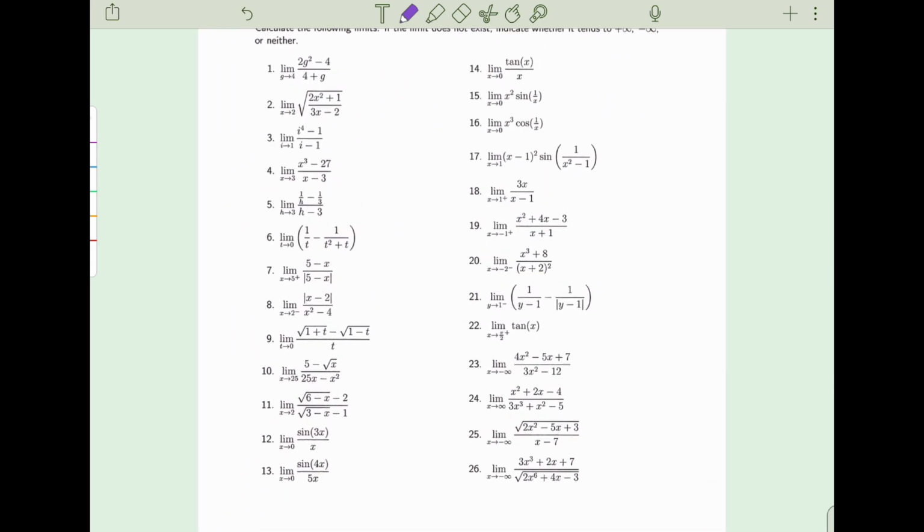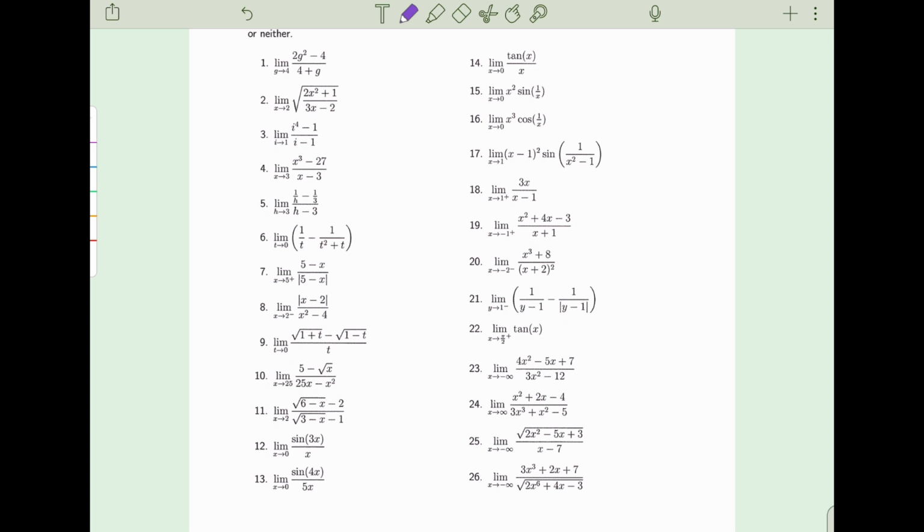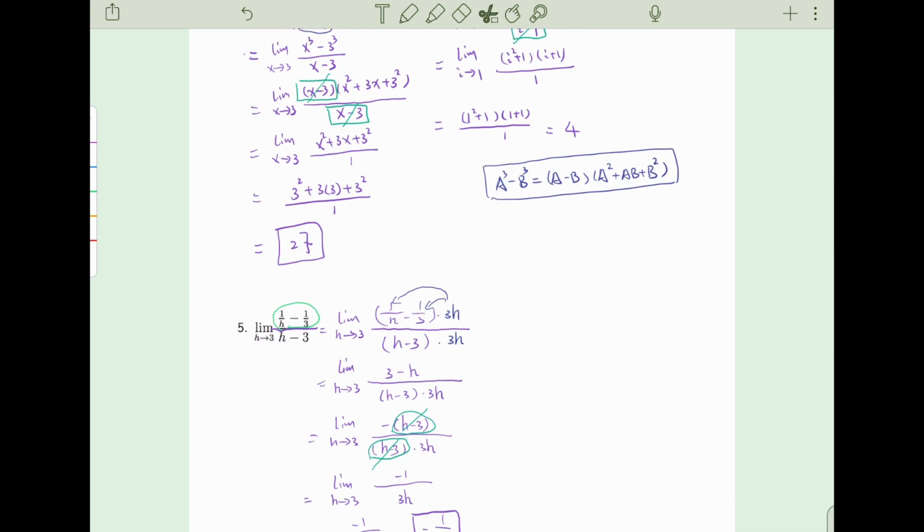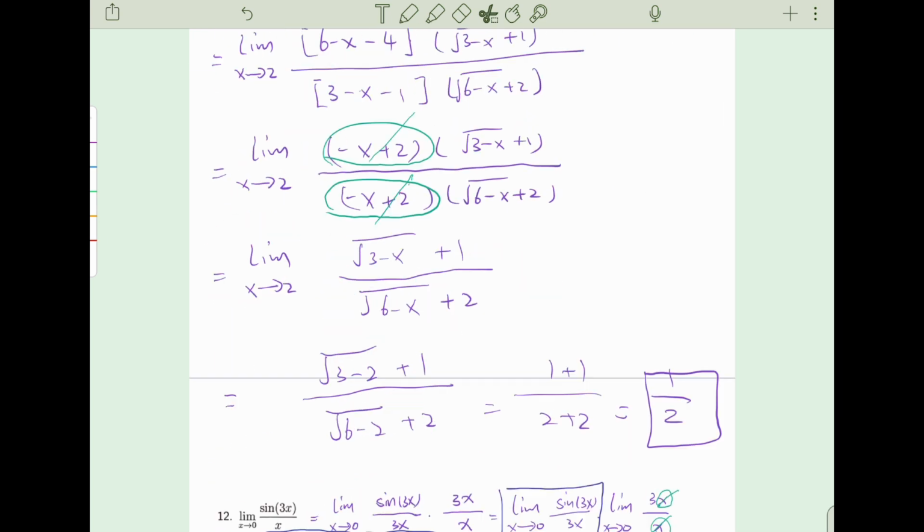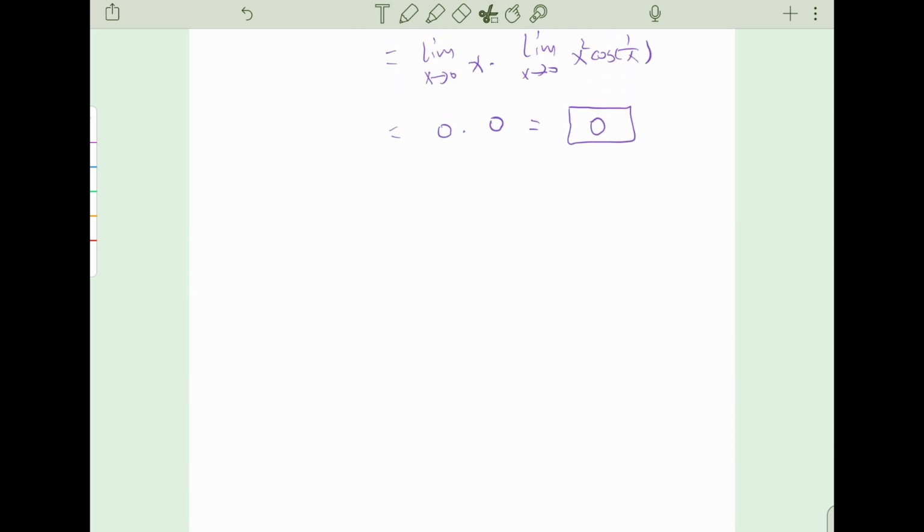How about 17? 17 will be of the same thing. Let's work it out. 17 here, right?